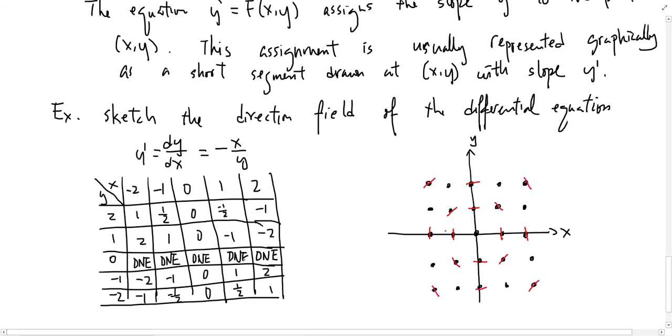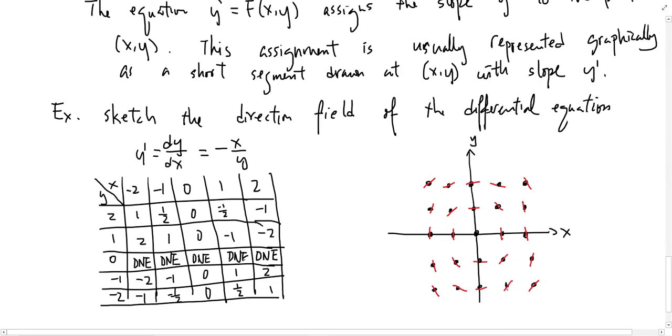And then 1/2 would be more horizontal than 1, but 2 would be more vertical than 1. There you go. So that's what the slope field looks like.